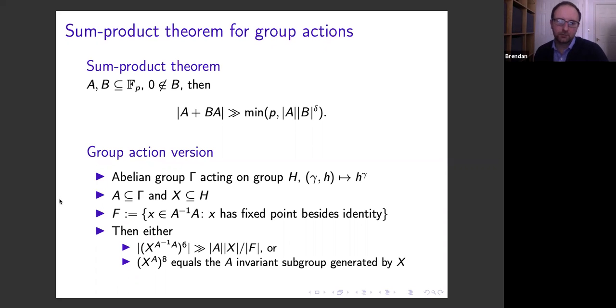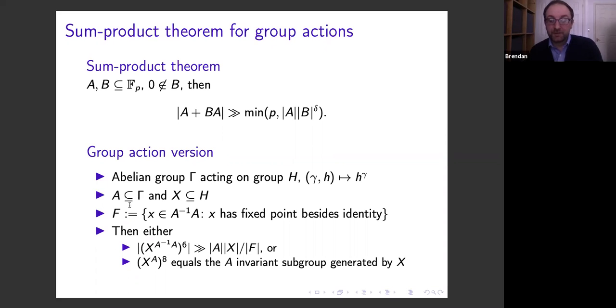Okay, and so now if we have a subset A of the group Gamma that's acting and a subset X of the group H that's being acted upon, what we'd like to do is combine the group law in H, which corresponds to addition, with the action of Gamma, which corresponds to multiplication. And the philosophy is that if we combine these two separate actions, then we should get some growth unless there's some natural obstruction.